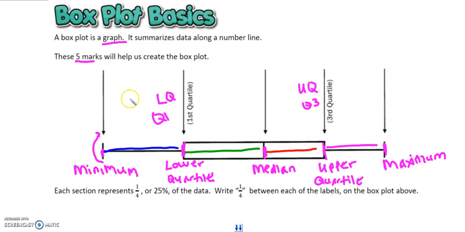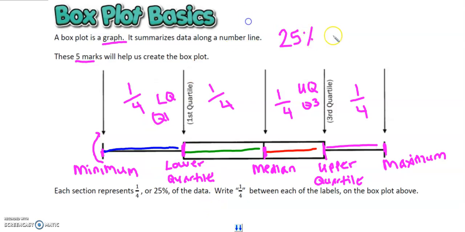And if we think of it as a quarter, a fourth of the data is going to be in this first section. A fourth of the data is in the second section. A fourth is in the third. And the final fourth is in that last section. So 25% of the data is in each section.